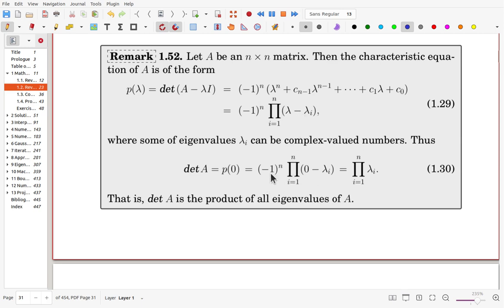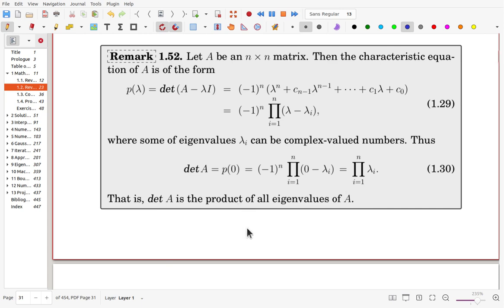Minus 1 appears n times here, and again n times, so minus 1 to the 2n, which is 1, so we can ignore it, and the remaining part is the product of the lambda i's. This equation means that the determinant of A is the product of all eigenvalues of A.